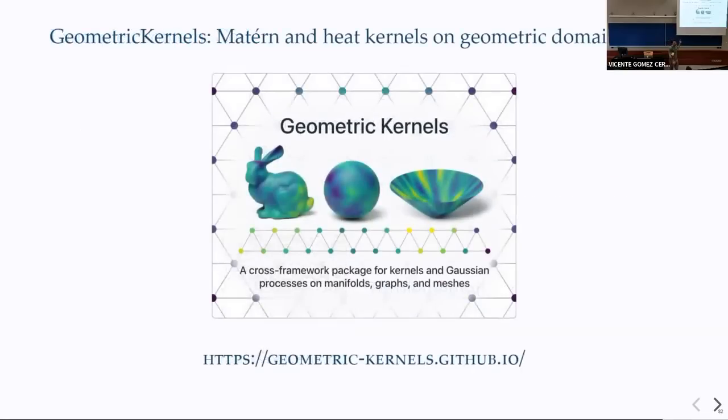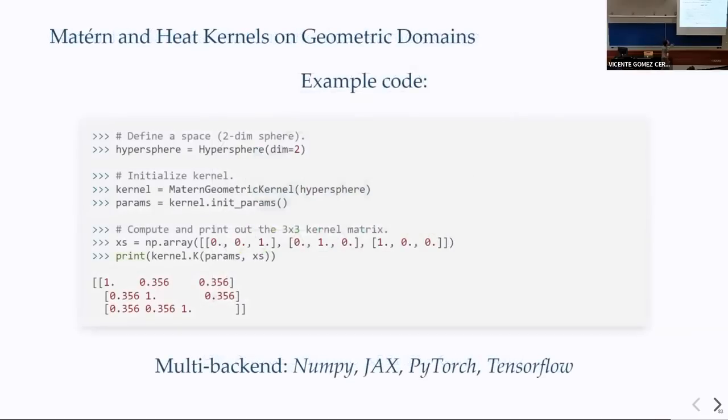And I want to focus a little bit on this. This is a library that myself, Alex, and a couple of other very important collaborators developed. It's available right now. You can use it to hopefully very easily drive your Gaussian processes on geometric settings. It's as simple as this.